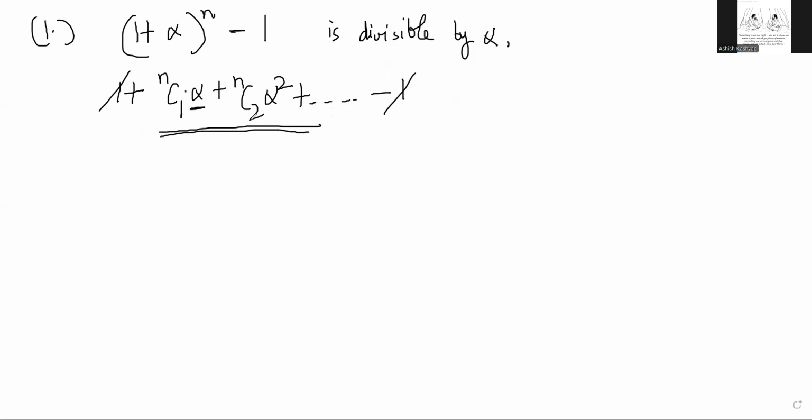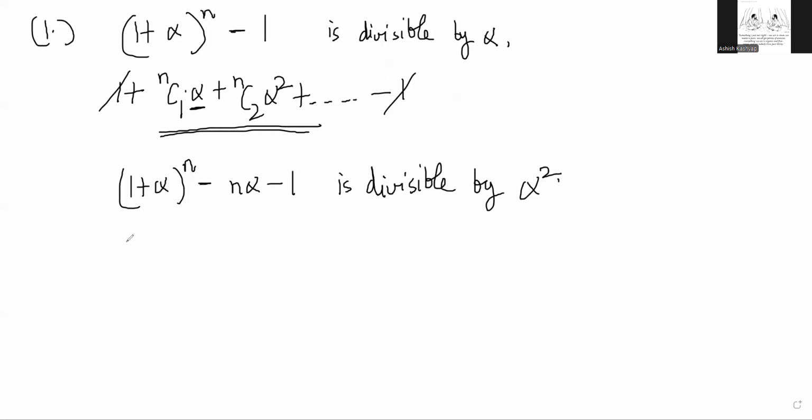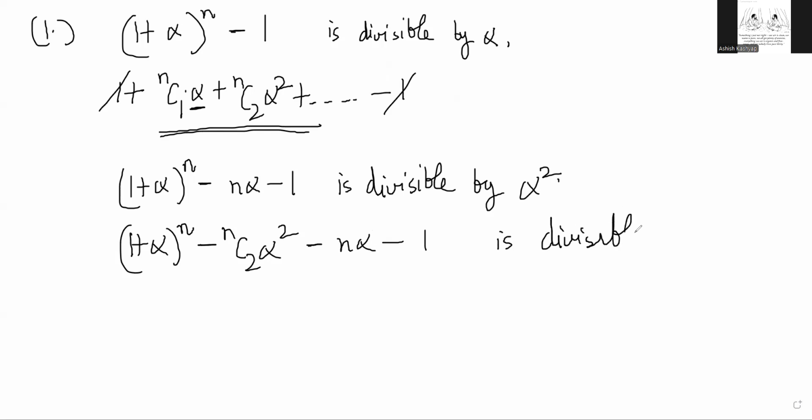Similarly, you can also say that 1 plus alpha power n minus n alpha minus 1 is divisible by alpha square. And similarly, 1 plus alpha power n minus nc2 alpha square minus n alpha minus 1 is divisible by alpha cube. These types of things come in really handy when you're doing divisibility problems based on binomial theorem.